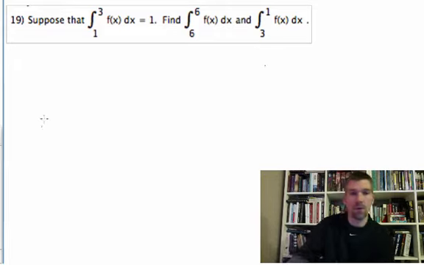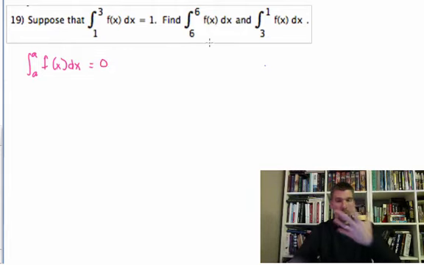If you don't remember, one of the rules that we learned was if we have an integral, not from a to b, but from a to a of f(x) dx, then this has no value.